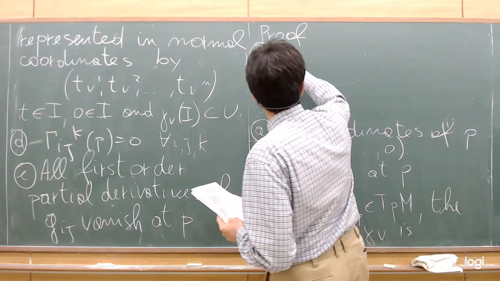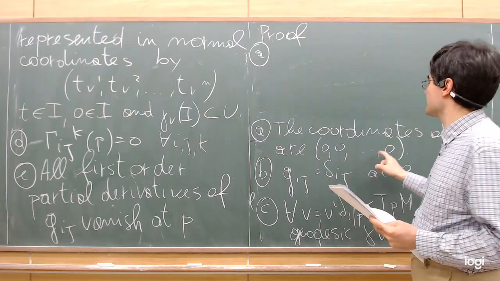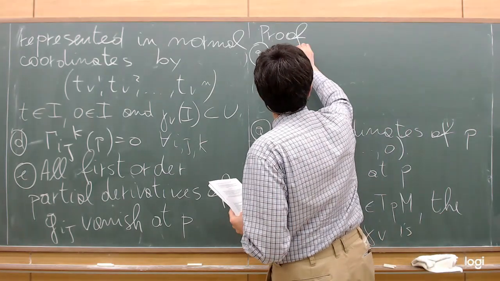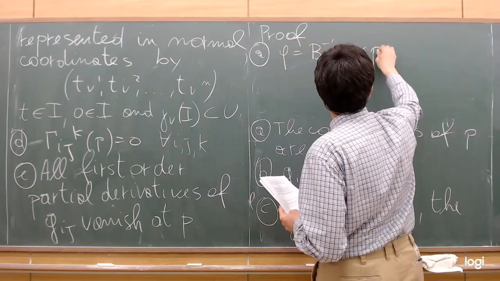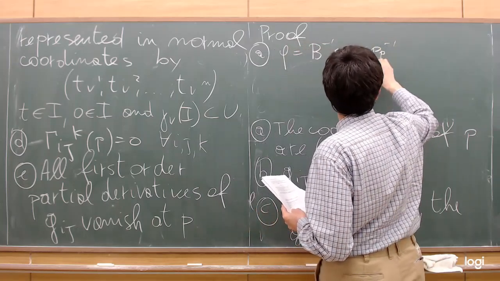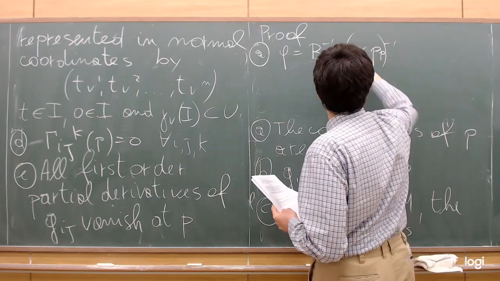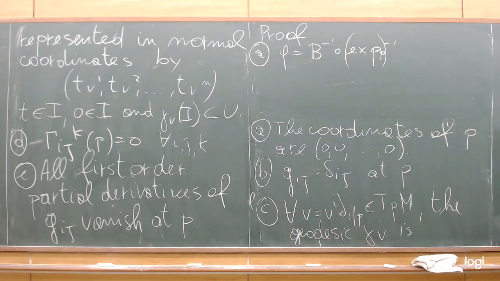So x1, x2, xn are given by B inverse composed with this map.